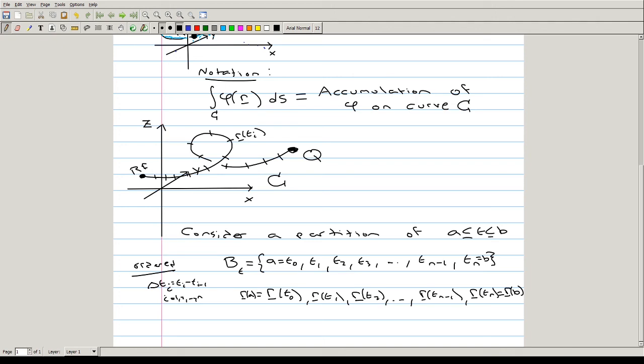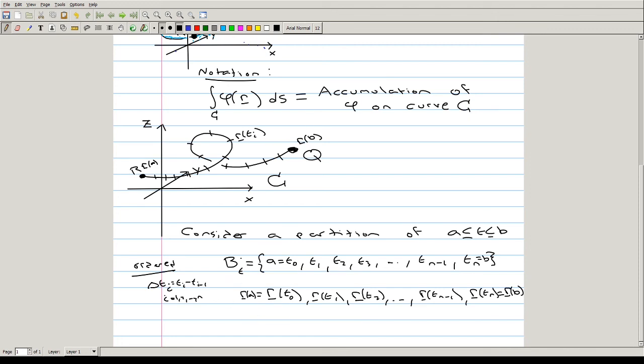This position right here is R of a, or R of t0. This position right here is R of b, or R of t_n. But in general, the more points that we have in our partition, the finer this partition is going to be, and the finer this mesh is.